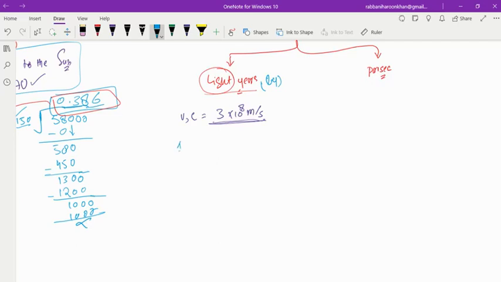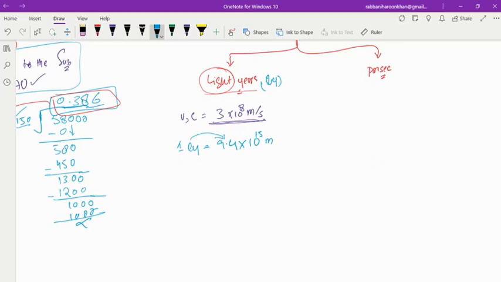We write that 1 ly is equal to 9.46 times 10 to the 15 meter. So 1 light year in meters is this much.